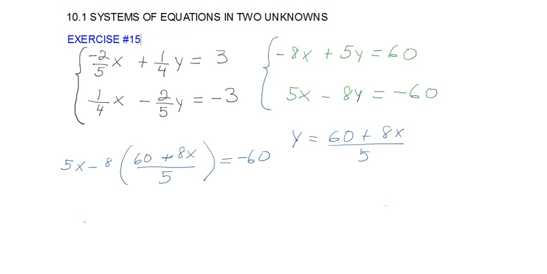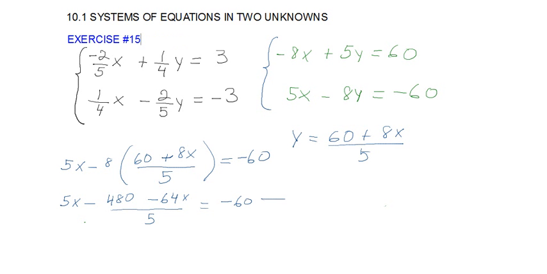So I multiply, and I have 5x minus 480 minus 64x over 5 equals negative 60.